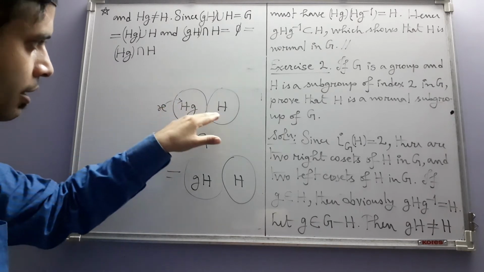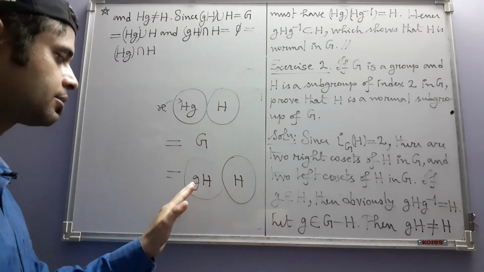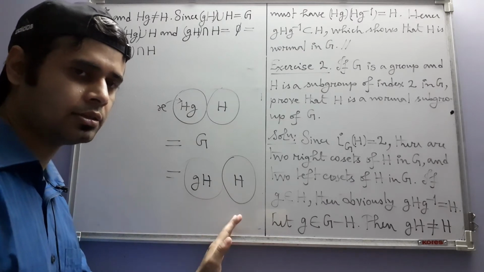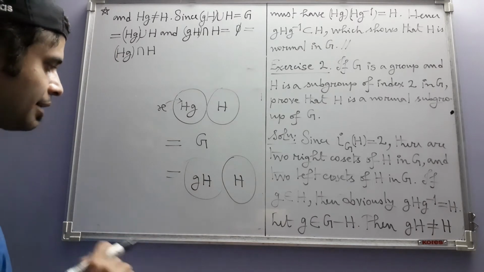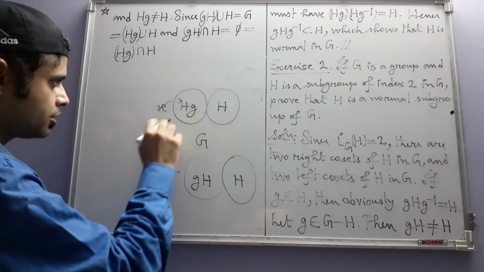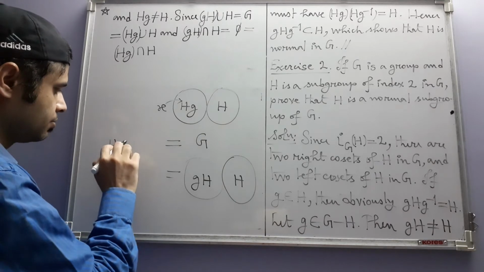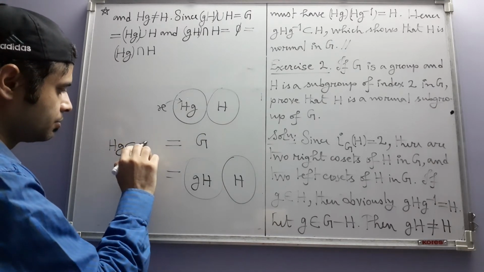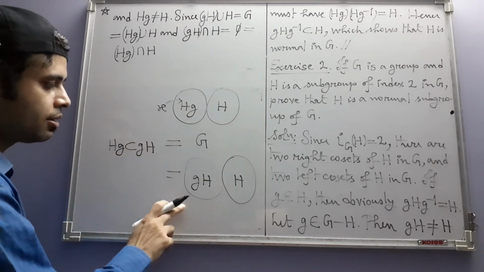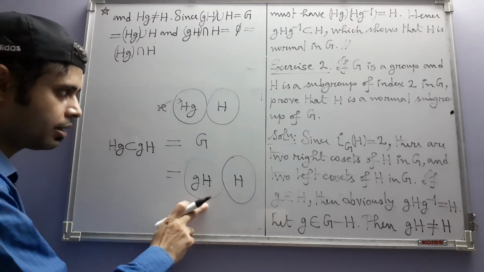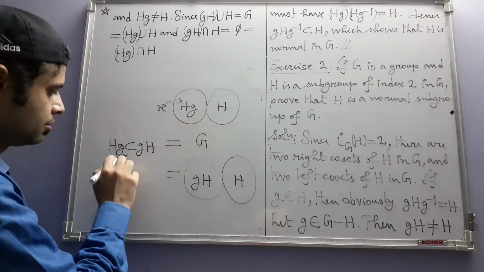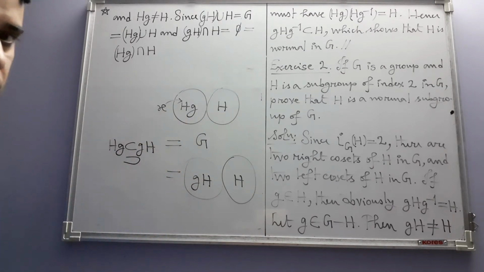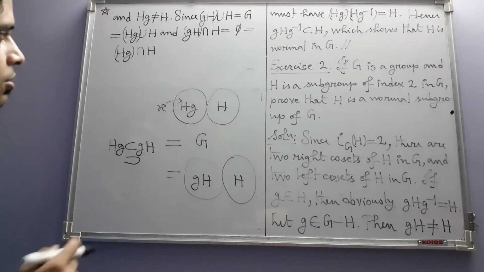So x cannot belong to H, but at the same time x either belongs to gH or H. So that means x must belong to this left coset. That's how you get the inclusion that Hg is contained in gH. Conversely also you can consider an element here, and using these relations you can prove that that element must belong to this. So the reverse inclusion is also true. From these two things you can conclude that they are equal.